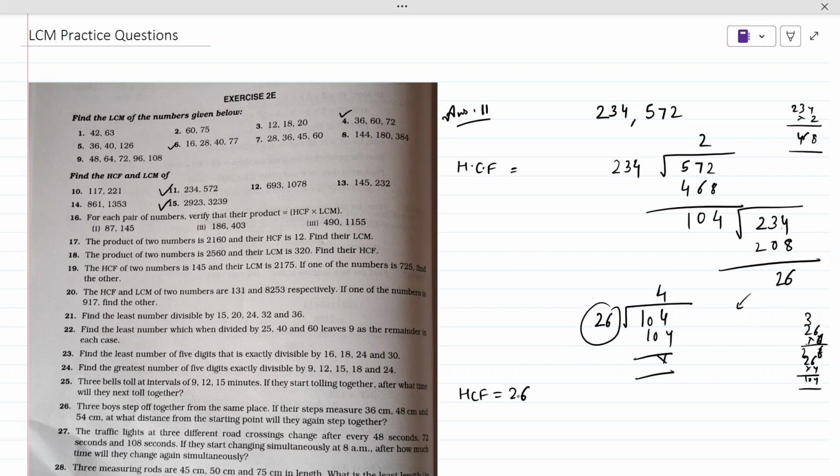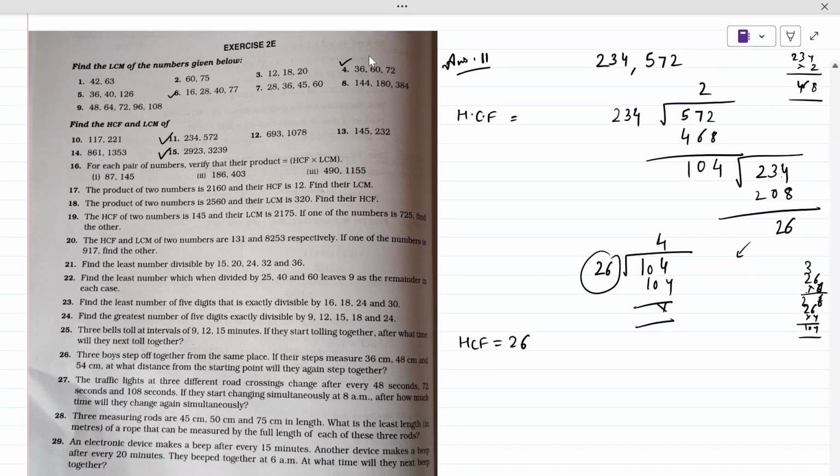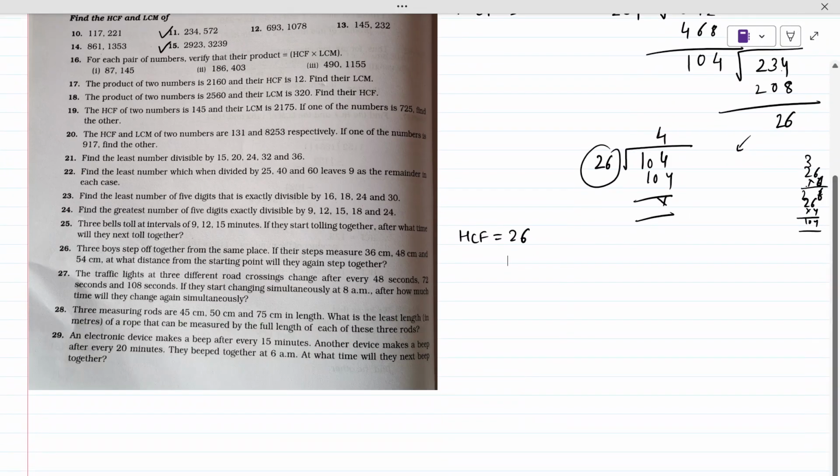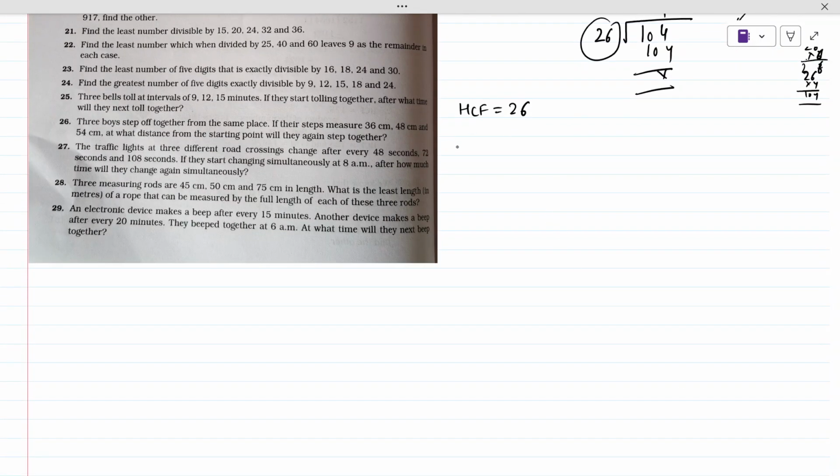Now we have to find out the LCM. We can directly apply this formula, but let's try to find it using the method only. We have 234 and 572.